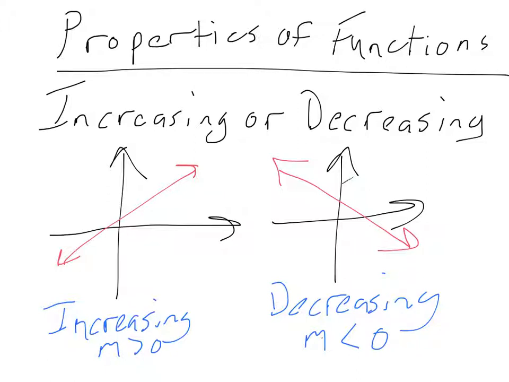Now, we haven't really discussed slope a whole lot with functions that aren't linear functions, but we're going to start getting into that. In addition to a function being increasing or decreasing, there's a third possibility. A function might be, what do you think? Just flat. Yeah, could be constant. A constant function would be neither increasing nor decreasing.